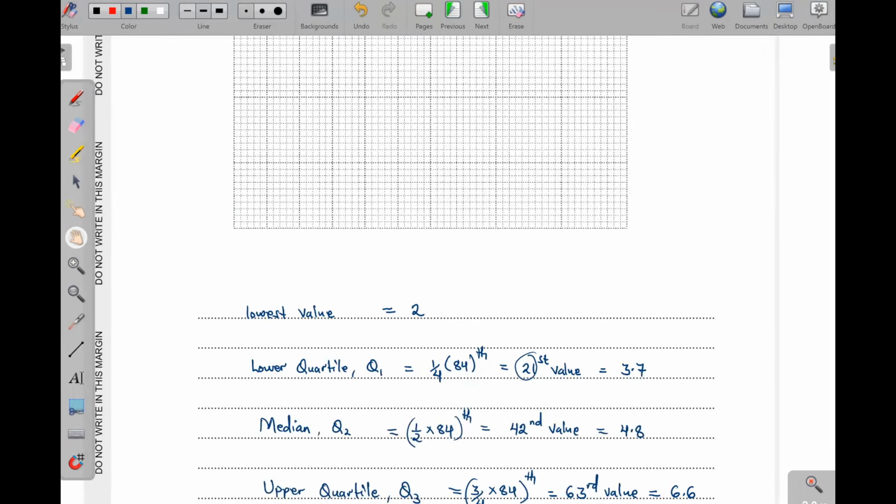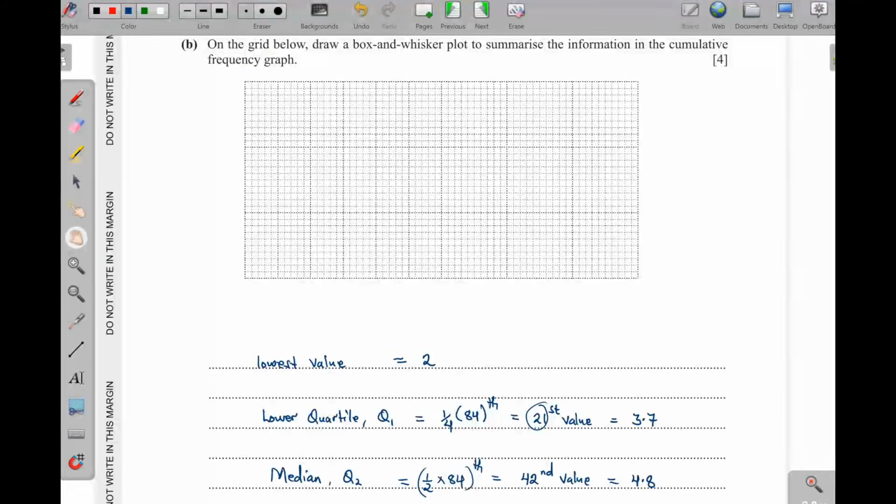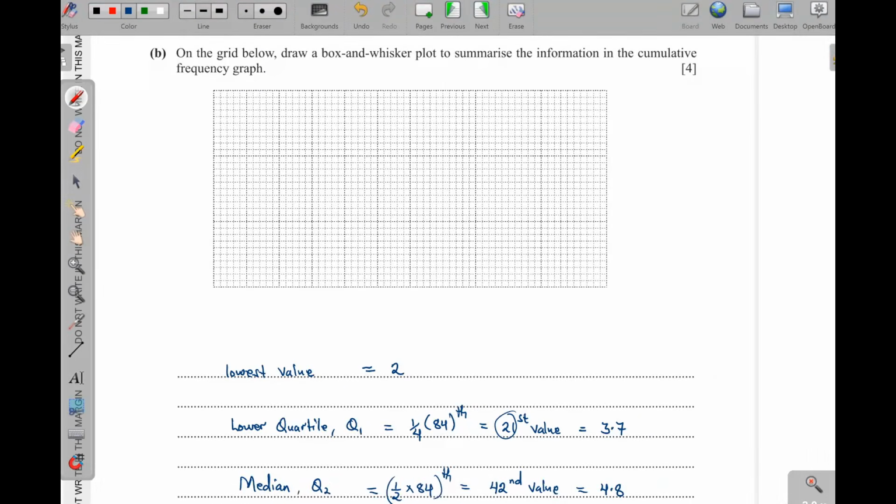Now, we draw our box and whisker plot. Remember, we must have a uniform scale here. So if this one is 2, 4, 6, 8, 10, 12, I can say this is 1, 2, 3, 4, 5, and then the rest.